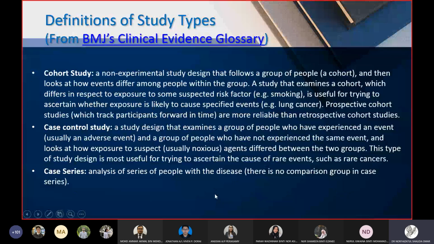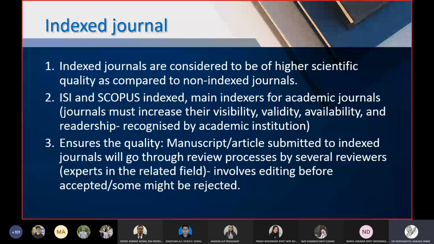I mentioned, even though you find a systematic review or meta-analysis, you still need to look into whether it is from an index journal. So what is an index journal? Index journals are considered to be of higher scientific quality as compared to non-index journals. If you want to find out whether it's an index journal or non-index journal, the journal will say it's a Scopus index or ISI index.